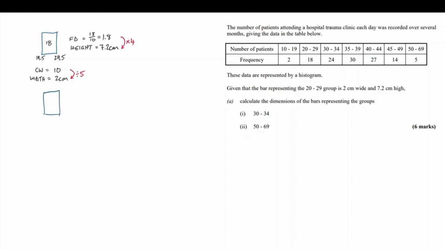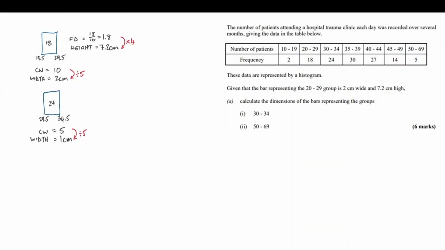This bar represents 30 to 34. Once again, we have to use bounds. 29.5, 34.5. That gives us a class width of 5. The drawn width I can find by applying the scale factor. The scale factor said divide by 5.